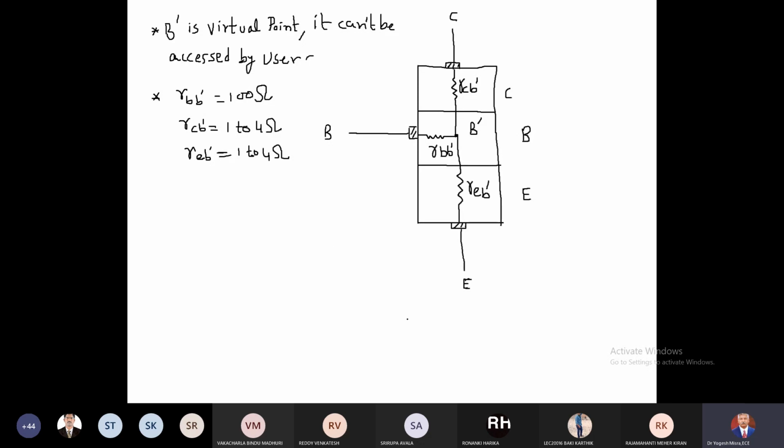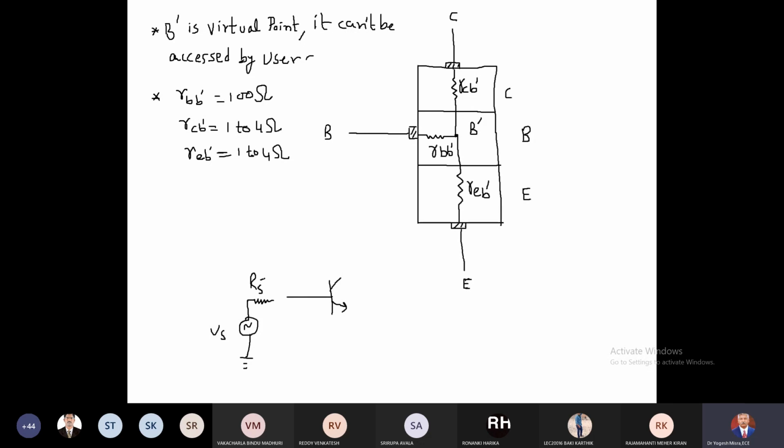Because see here, if you use the common emitter configuration, at the base, you connect some signal which has to be amplified. This is Vs, and it has some source resistance, suppose this is Rs.